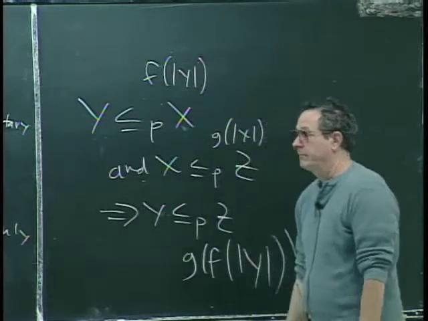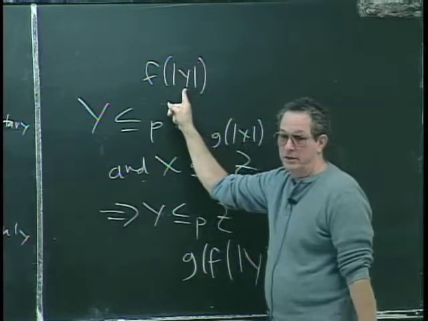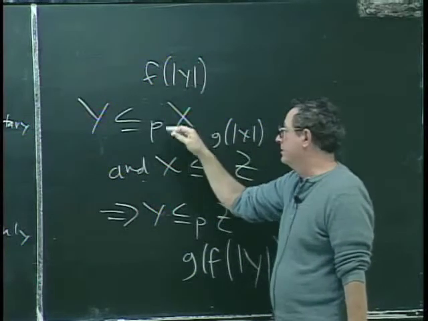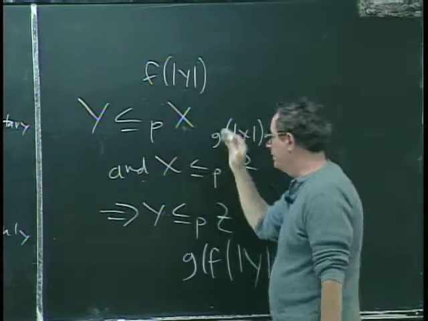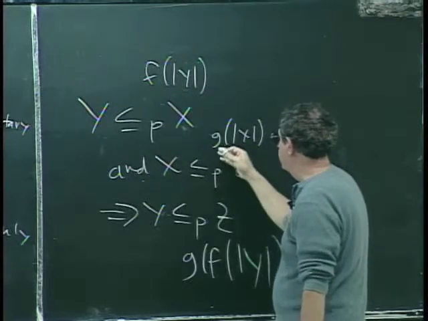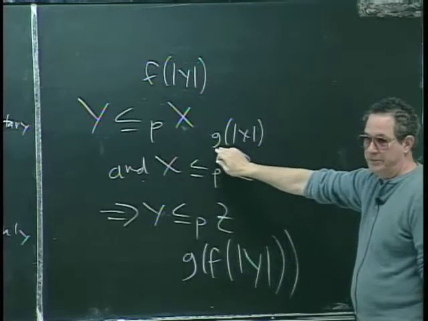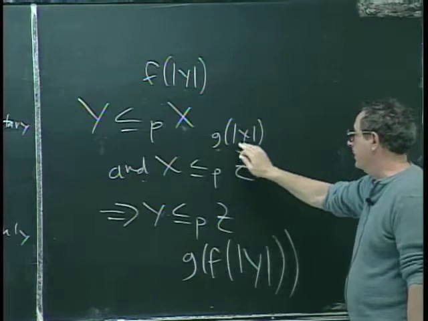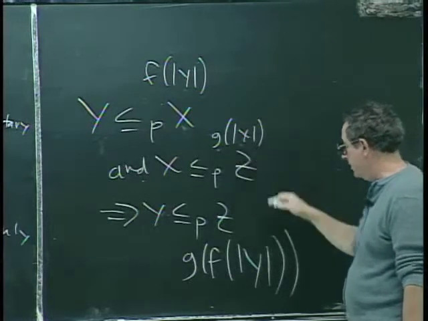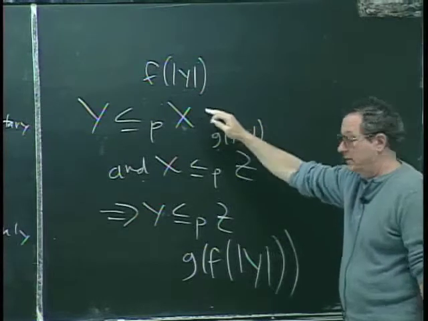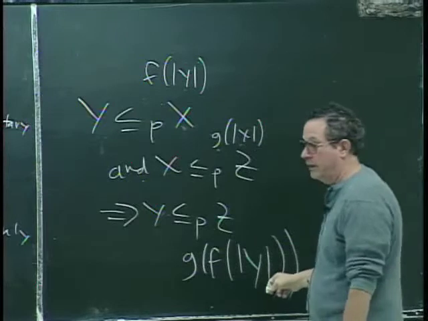So f is the polynomial that operates on y, and therefore the input size that's created is no bigger than that. And then this reduction has a time bound given by the polynomial g, and the input size given to it, here denoted as the size of x, is at most f of y. So the whole time for this reduction is g of f of y.